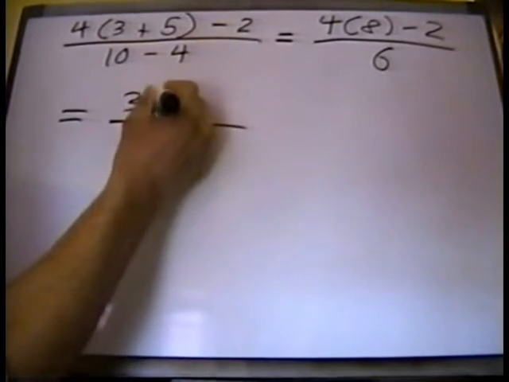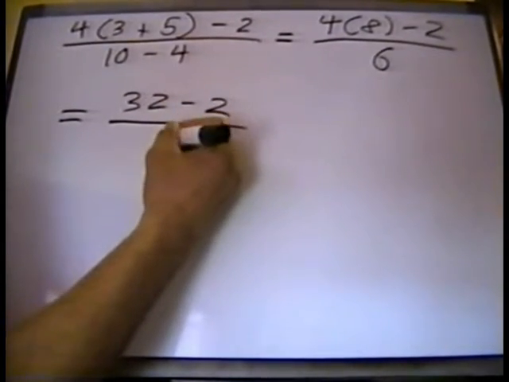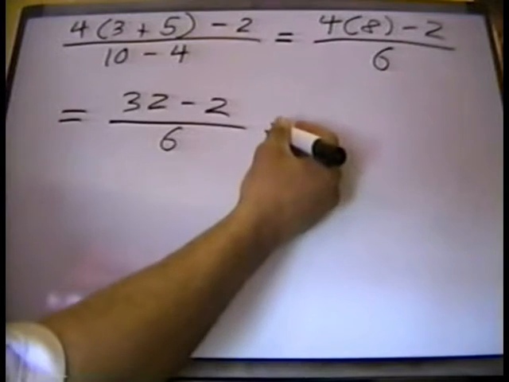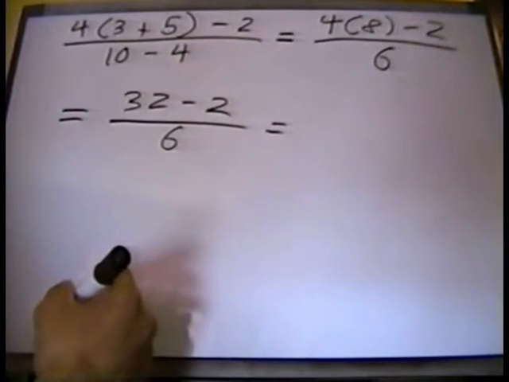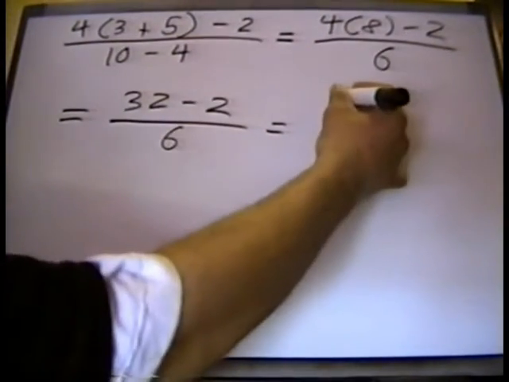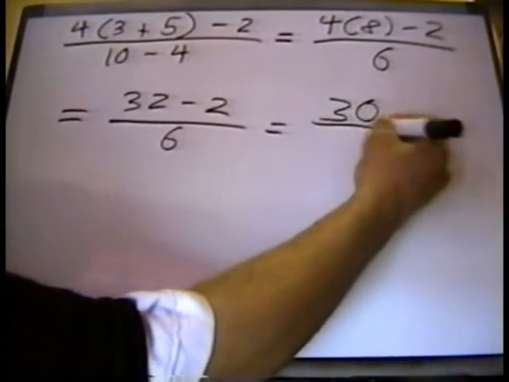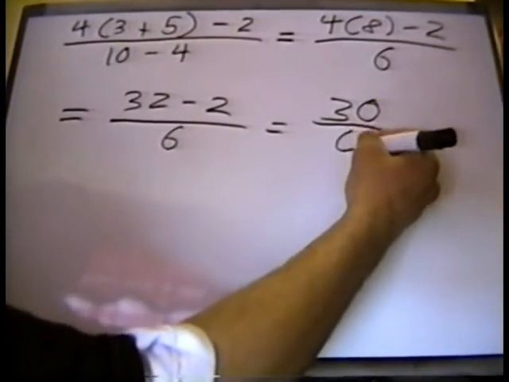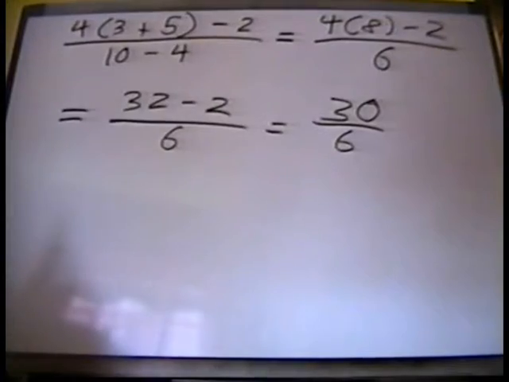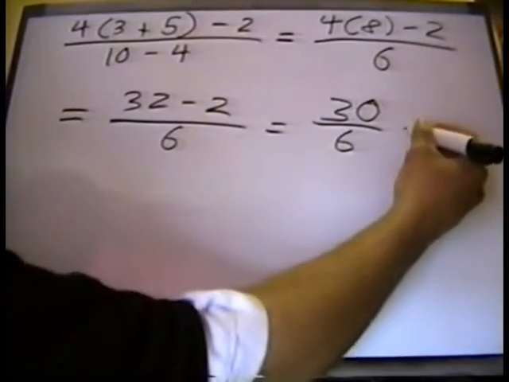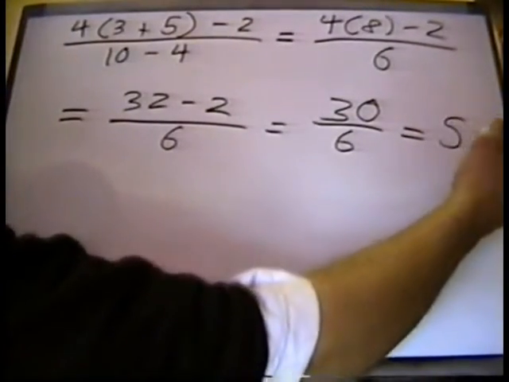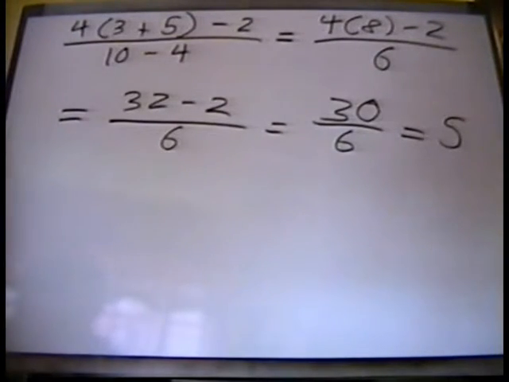You get 32 minus 2 over 6. 32 minus 2 is 30. So you get 30 over 6, which equals 5. Okay, and that's our final answer.